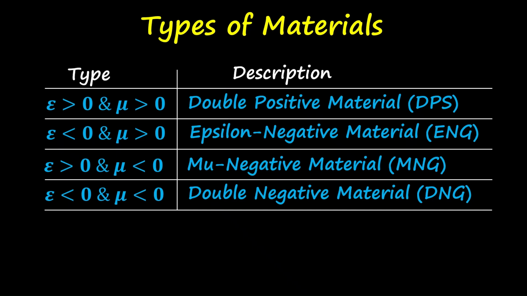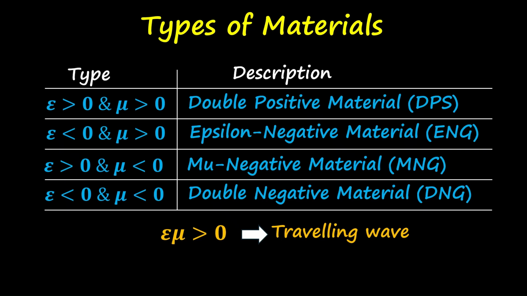Now, if the product of epsilon into mu is positive, then we can get a traveling wave. In the coming few seconds, I will be explaining why this condition is needed.